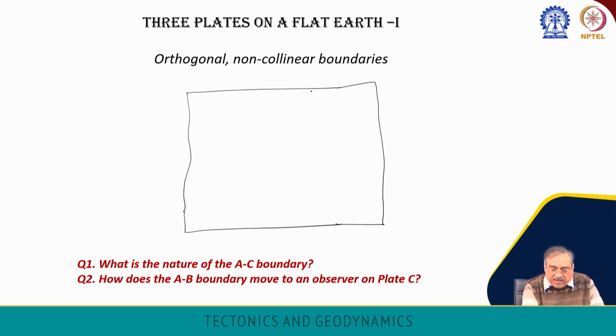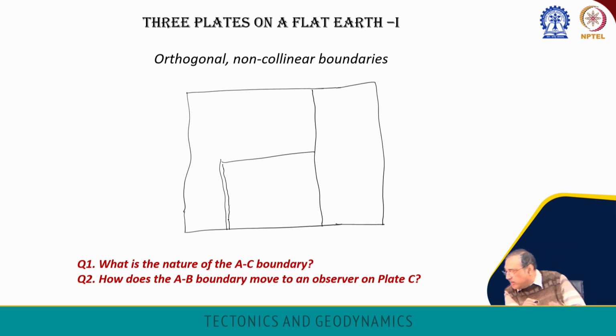So, let us now think of a three plate system, three plates like this, right. And if you draw badly as I do, then let all of this give you hope that you need not be a great artist to be able to understand this and to convince others about what you understand.